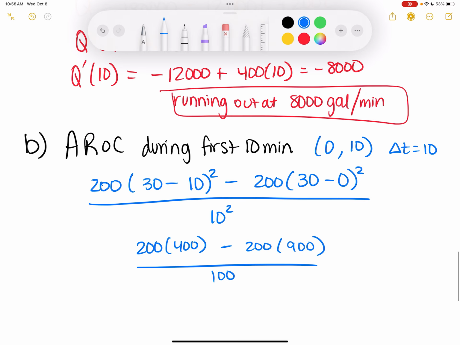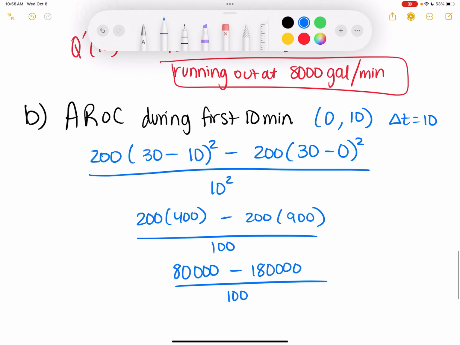So then 80,000 minus 180,000, there we go, over 100. So then that's negative 100,000.